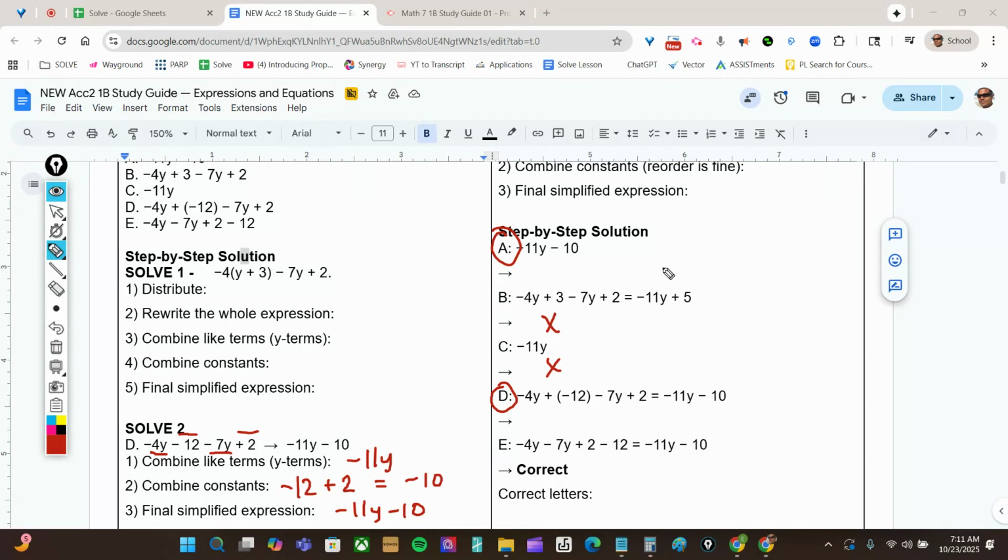Then I got to move up to check E, or maybe I could just do it right here to save some time.